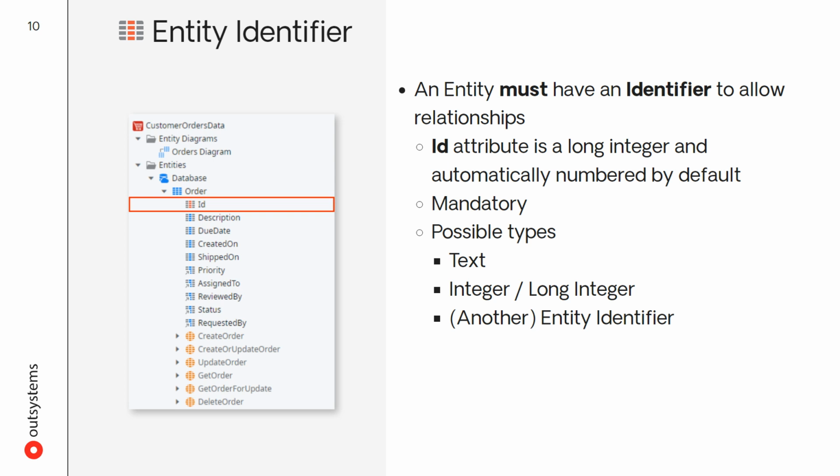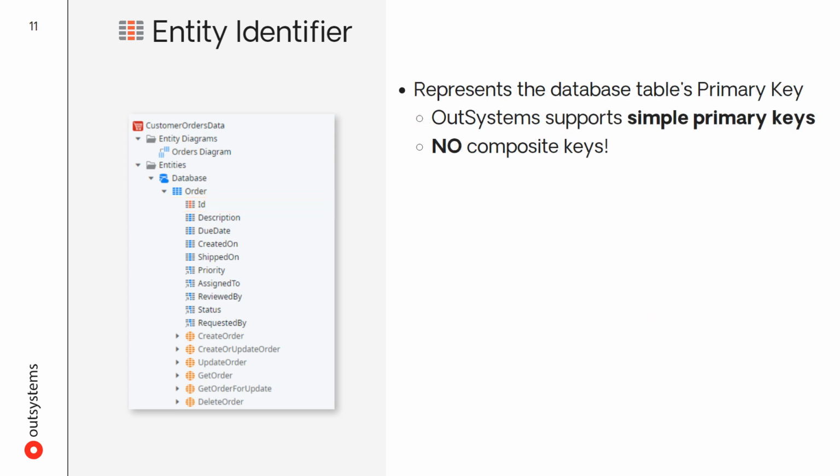The identifier attribute can also be deleted if needed, but then it will not be possible to create a relationship with this entity. The entity identifier represents the primary key of the underlying database table. OutSystems supports simple primary keys and no composite keys, meaning that only one attribute can be the identifier.